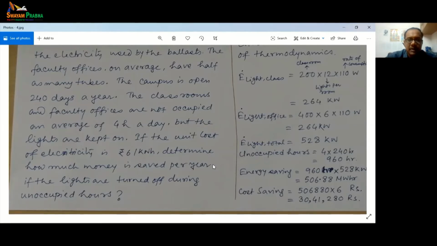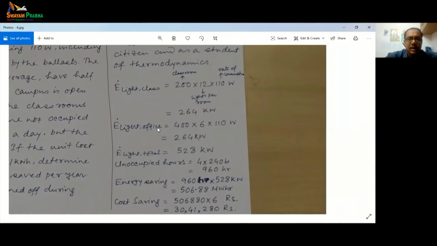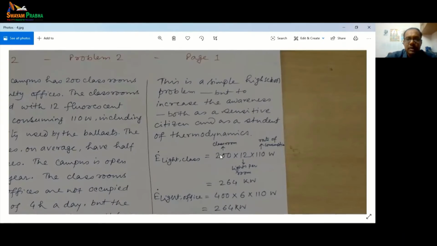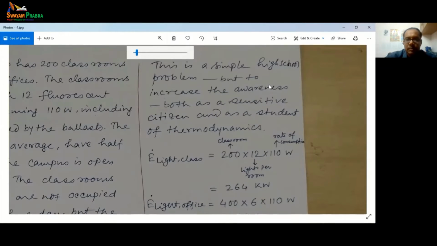It's typically the average value at this moment throughout India. Now determine how much money is saved per year if the lights are turned off during unoccupied hours. Nobody is getting affected; you are just turning off the lights when nobody is occupying that room. That's fair enough, right? So let's see in terms of calculation.